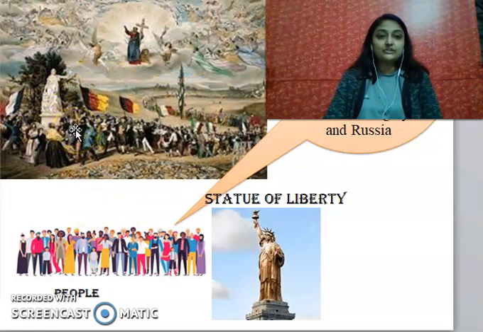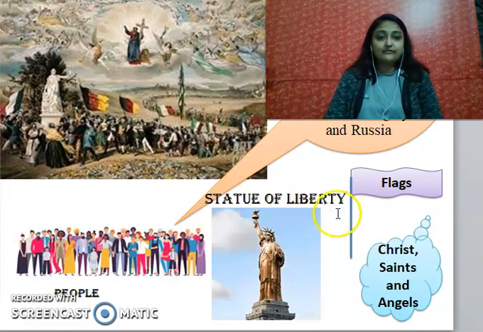So this is just a vision by the painter. The painting is of a female. Now let's move ahead. After that, what you can find? Flags. Can you find here flags? Yes. And what do you find here up in the sky? Christ. You find angels and saints.